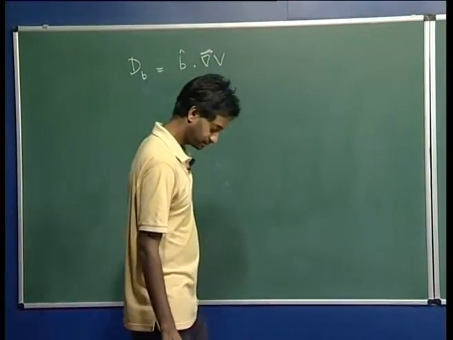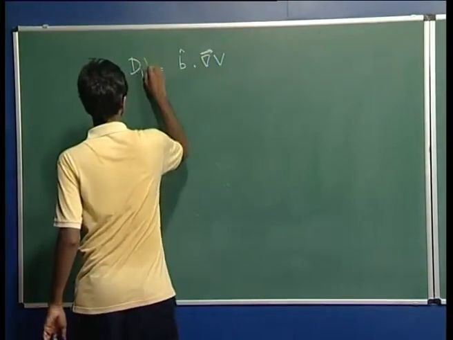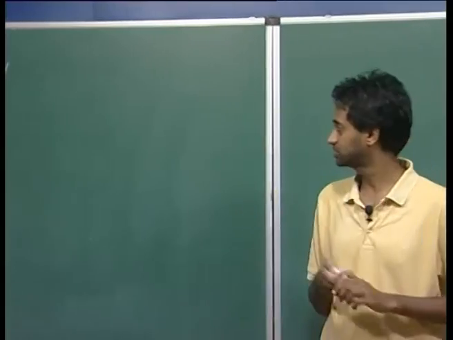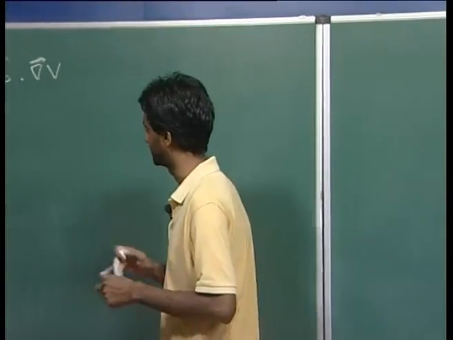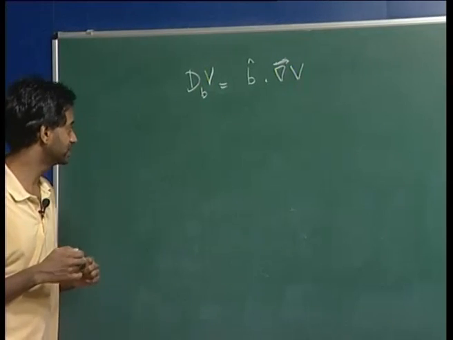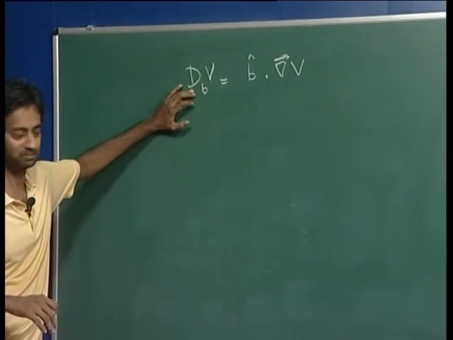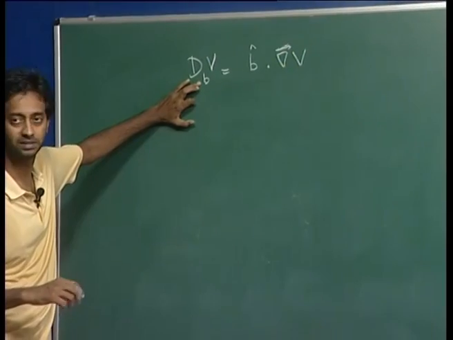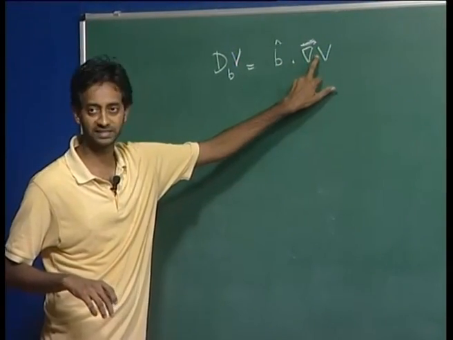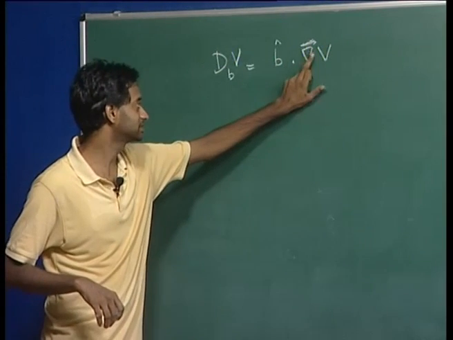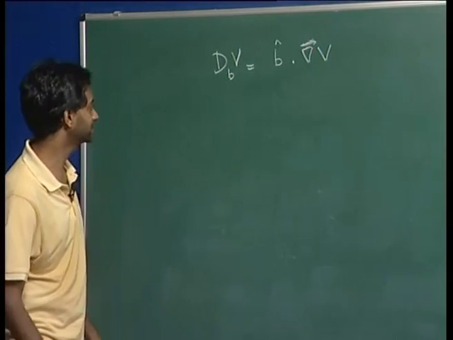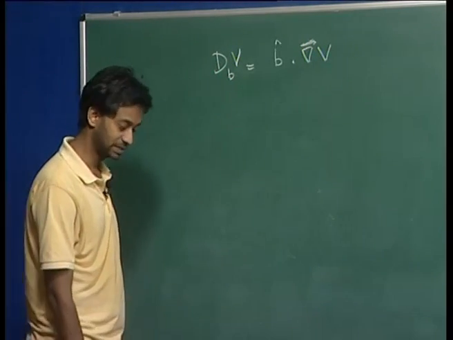The directional derivative of V is given by b dot grad V, and so along different directions you have different values of this directional derivative. The direction along which this derivative is maximum is when b and grad V are pointing in the same direction. When the b vector is parallel to the gradient vector, this directional derivative is the largest.